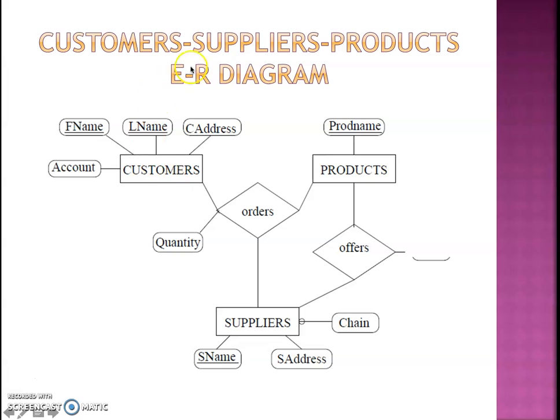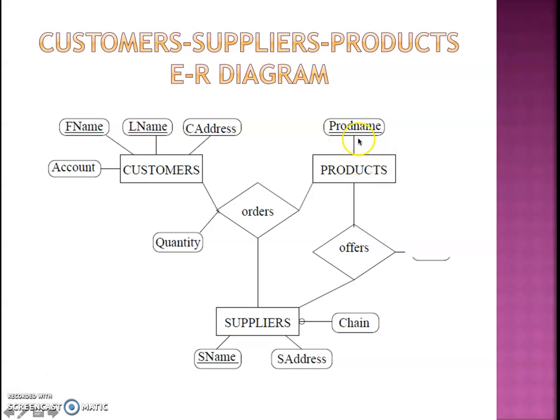For example, customer, product and supplier are the three entities which are written in a rectangle. Each has its own attributes. Customer has many attributes, but only F name and L name are taken as the primary key, because these uniquely identify a customer.